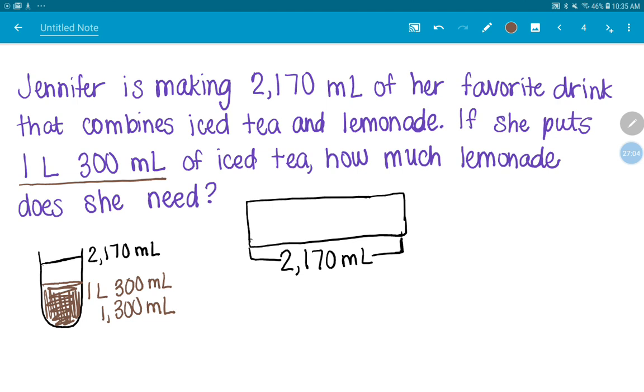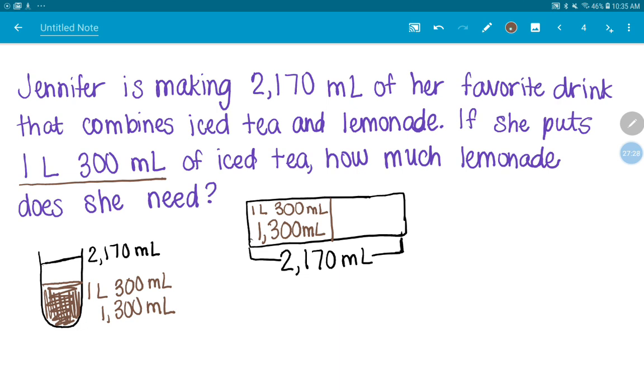Yeah, that's because our total is given to us in milliliters. Okay, so we know that part of the drink is 1,300 milliliters, which is also 1 liter, 300 milliliters. I'm going to write those both down. They both represent the same amount.